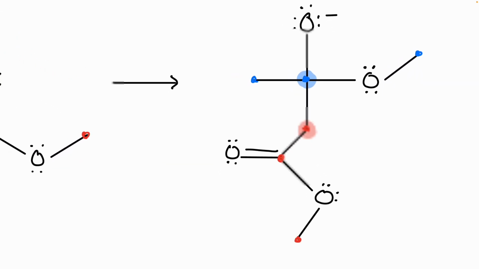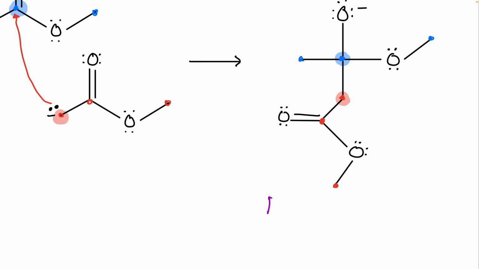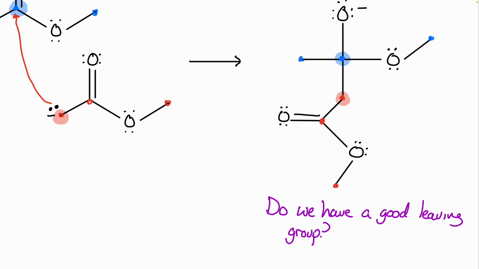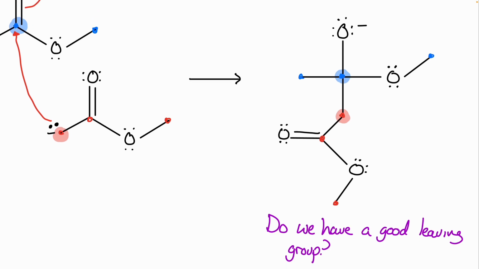All right, so now we get this tetrahedral intermediate, and we've seen this intermediate a whole bunch. When we get our tetrahedral intermediate, what do we ask ourselves? Do we have a good leaving group? Well, we don't have a good leaving group, that's for sure. We don't have anything great going on here. But we do indeed have a leaving group on this molecule.